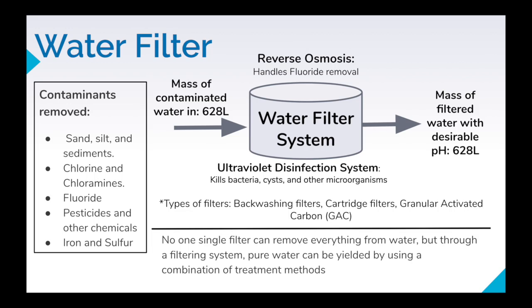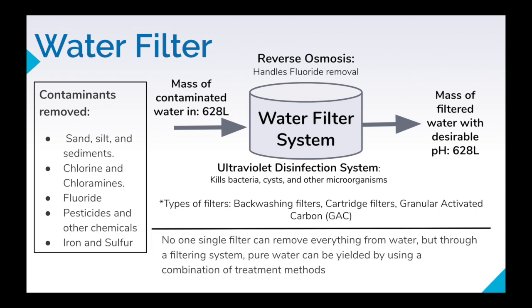Regarding the water filter of the process flow diagram, as we can see, the input is going to be contaminated water, and the mass of this contaminated water is 628 liters. That contaminated water goes through a water filter system, which has several smaller filters inside of it, each with the duty to remove certain items from the water.